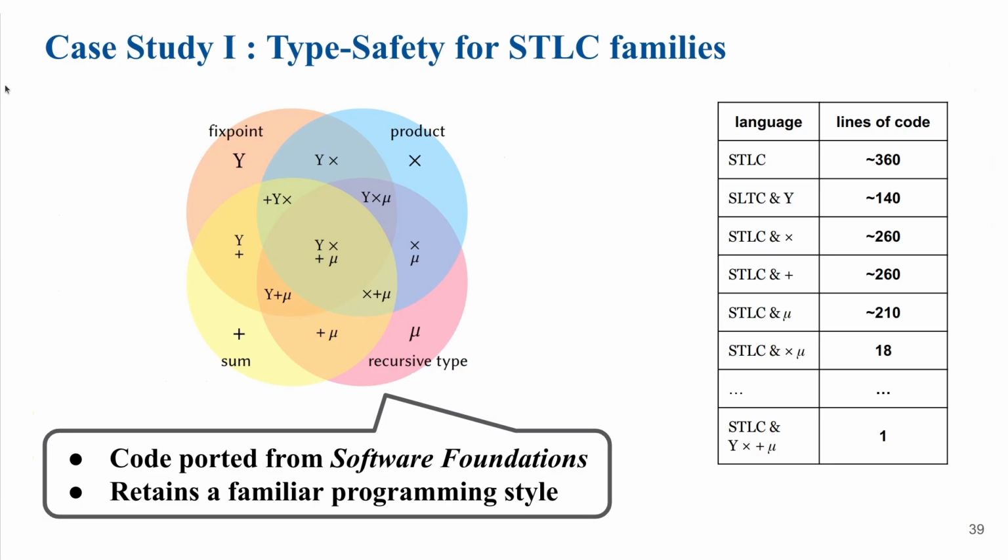The linguistic nature of our approach allows us to retain a programming style similar to the original proofs in Software Foundations. These extensions can be freely composed as mixins to form new STLC variants. Such a feature composition often requires only a few lines of code.